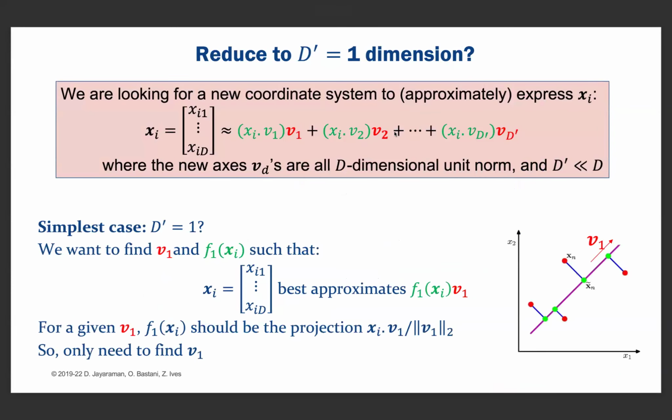In order to do that, we first need to consider what will happen in one dimension. We want to have a function f1 such that xi is approximated by f1 v1.